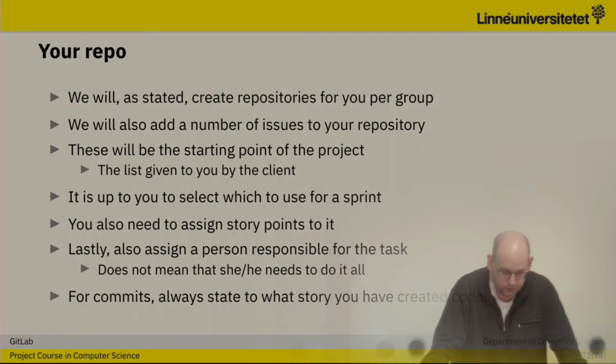So when we meet, you select what you would like to do for a sprint, and you assign story points to it, and a person responsible, who does not need to do everything, but is the one responsible for it, and then you start working.